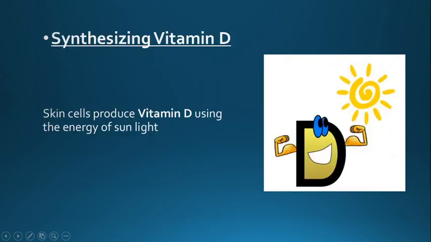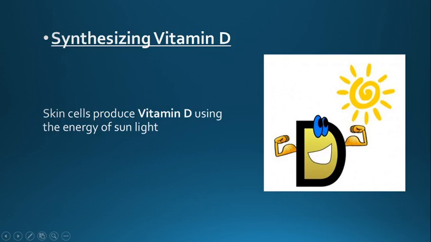Okay. Another important function of the skin is synthesizing vitamin D. It means producing vitamin D in skin cells. But this function needs the help of sunlight. When there is sunlight, it gives the energy to this process.